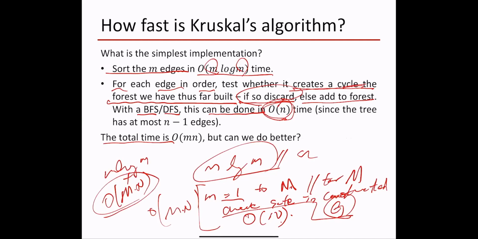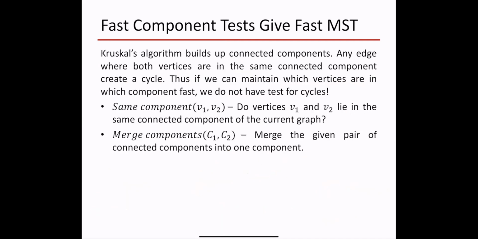If this process is faster, I think I can make it faster. Kruskal's algorithm builds up connected components. For any edge where both vertices are in the same connected component, it may create a cycle, right?